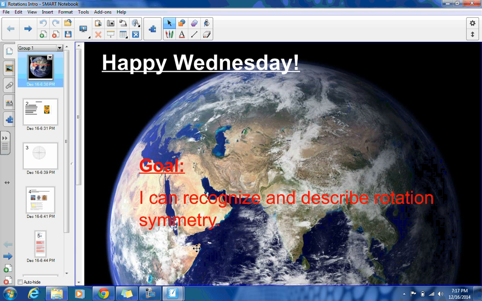Clocks, well, I guess the clocks do, the hands rotate. I don't know if you can find specific symmetry with that, but there's lots of different ways. There's symmetry, windmills, helicopter blades, things like that show rotation symmetry.